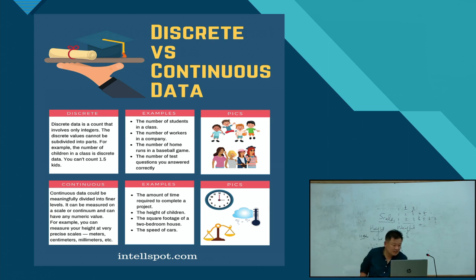And continuous data is information that could be meaningfully divided into finer levels. It can be measured on a scale or continuum and can have almost any numerical value. For example, the amount of time required to complete a project.